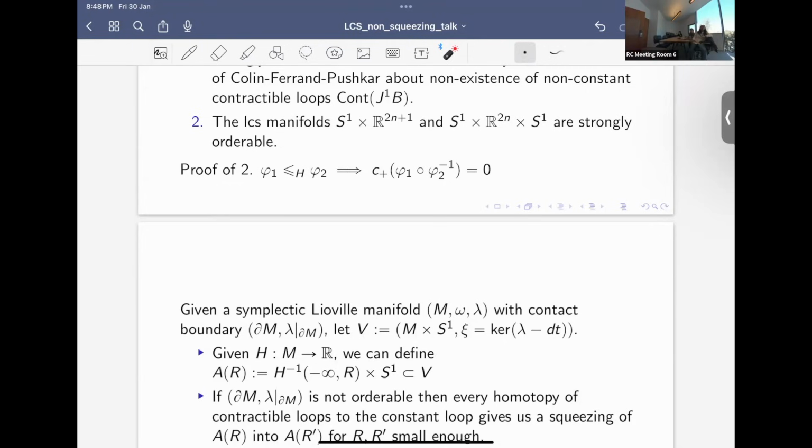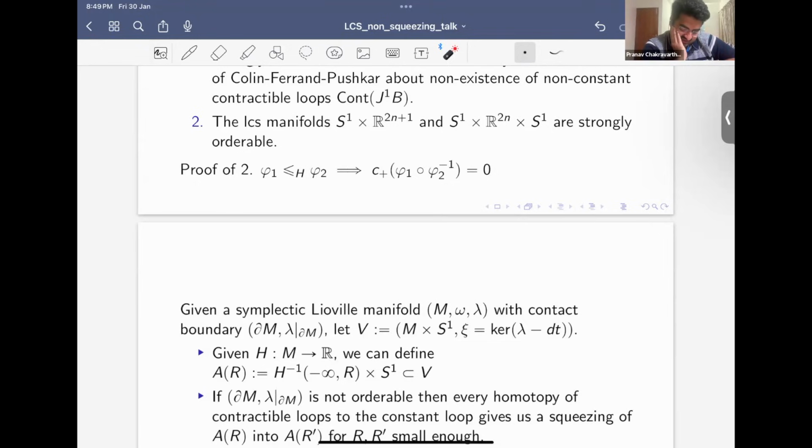Is there a way to calculate these capacities for things which are not S1 times something times S1? For example, a 2n plus 2 ball? I think even in the contact case, that's pretty hard with this definition.